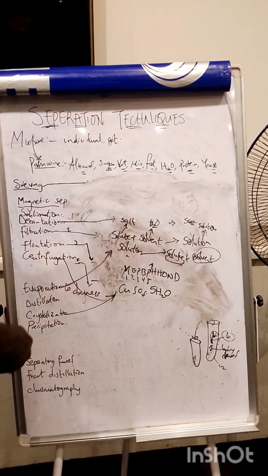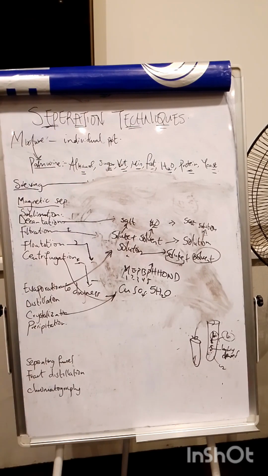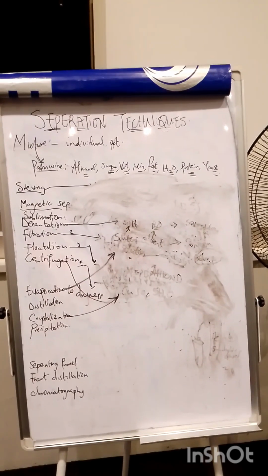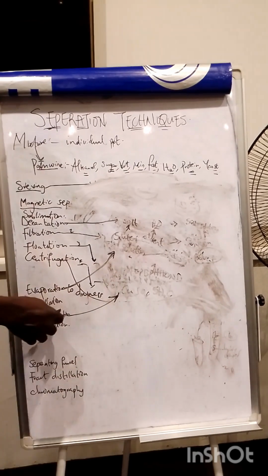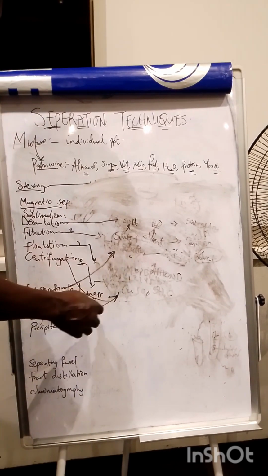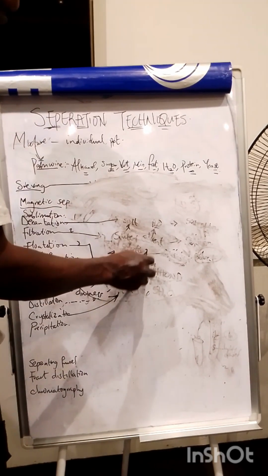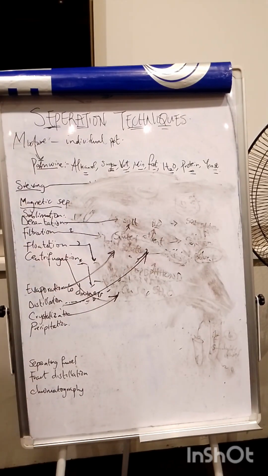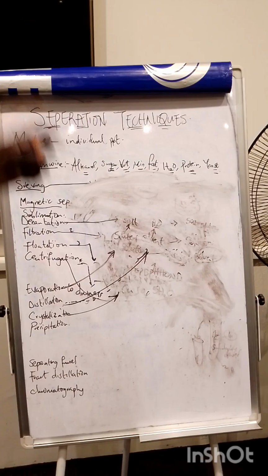What is distillation? Distillation is a technique you would use to separate a solvent from a solution, actually obtaining a pure solvent from a solution.